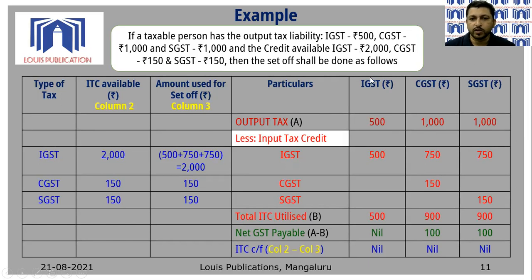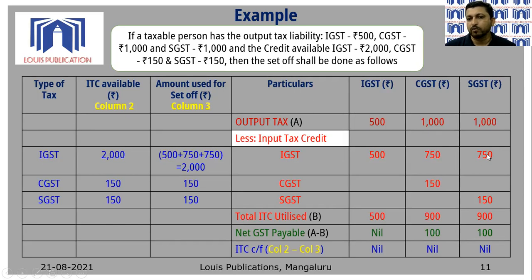So first, as I mentioned, this 2,000 rupees which is available, credit IGST, will first be used to settle IGST liability, which is 500 rupees. So from 2,000, if I take out 500 rupees, I remain with 1,500 rupees. So that 1,500 is now apportioned into 750 and 750. So 750 rupees CGST liability will be written off.